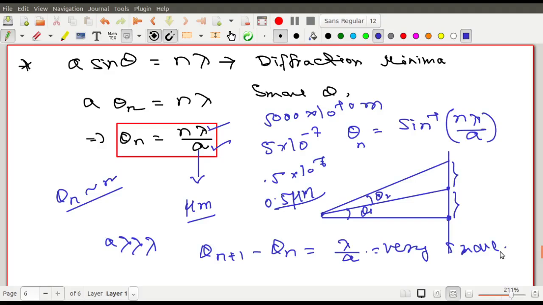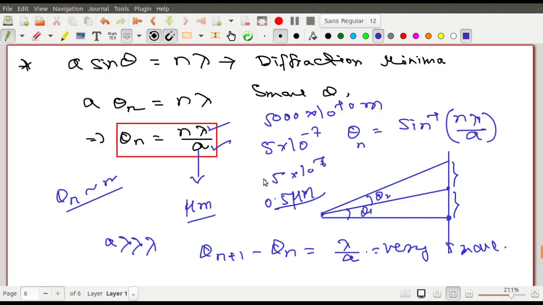Again, at the same time, if it is very large, this width is very, very large, that is done. Now if it is very small in comparison to the wavelength of light, which is basically not possible. Why? Because it is already micrometer. How much smaller than micrometer can you make it?